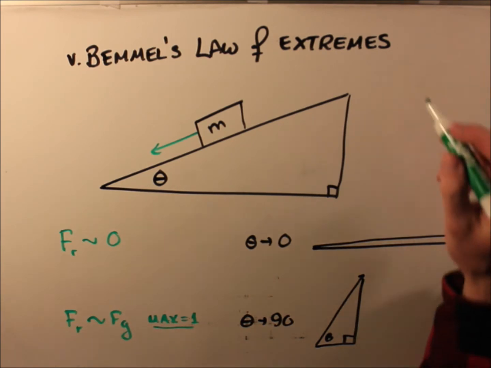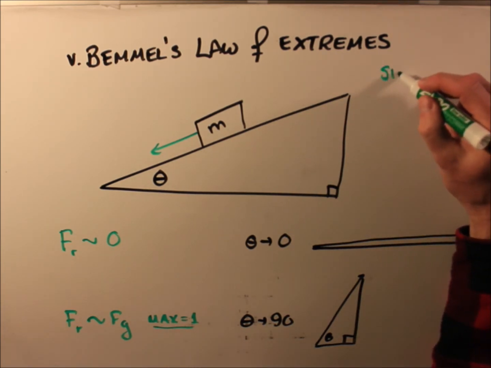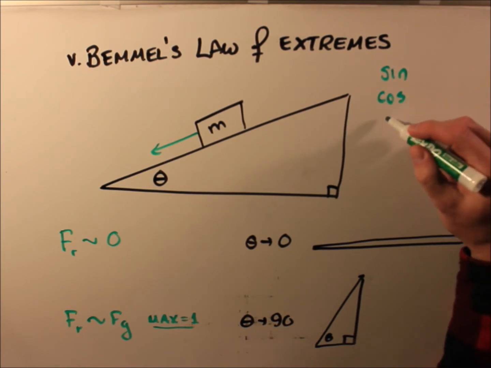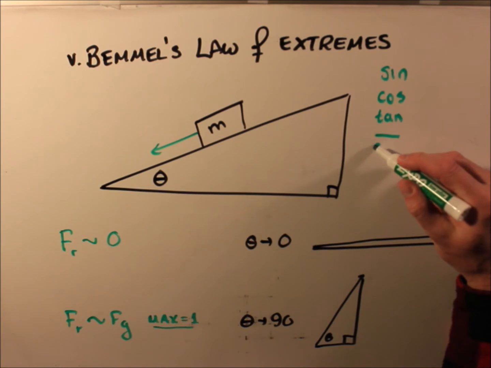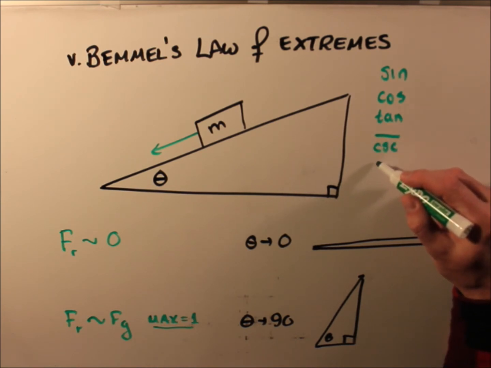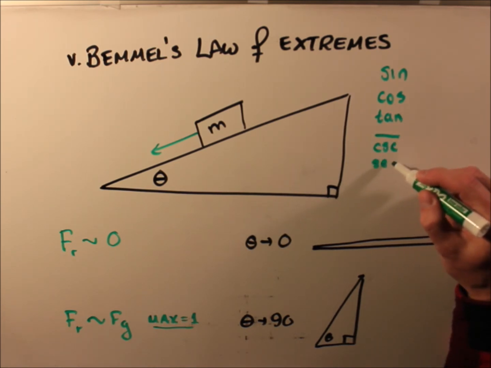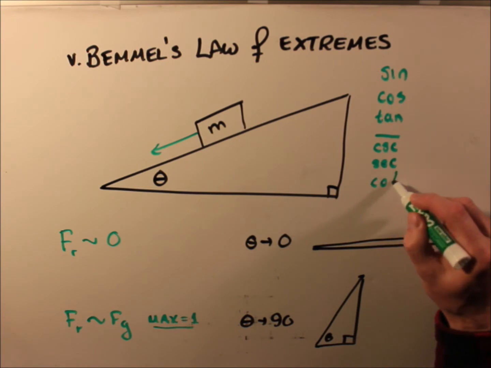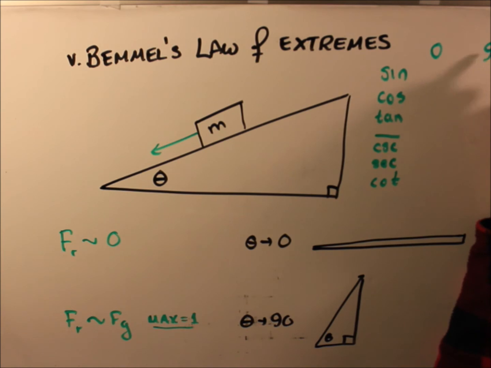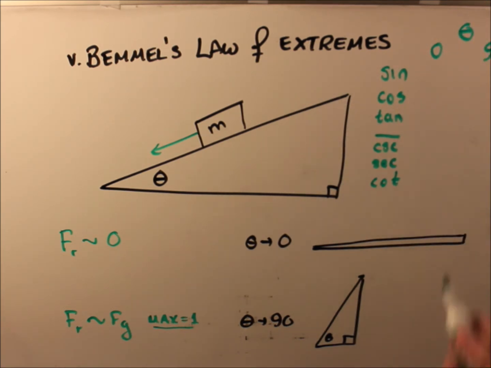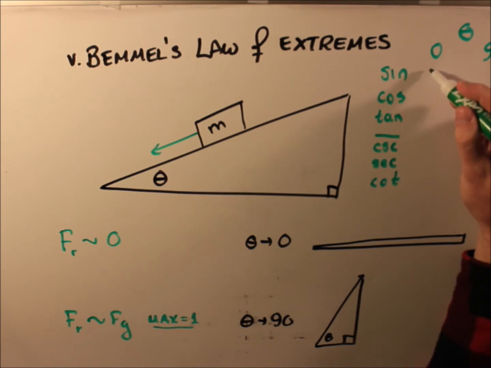Now let's look at our functions. We have sine, we have cos, we have tan, and if you really want to get serious, we have cosecant, we have secant, and we have cot. And we'll say theta here is 0, and then theta is 90. So this is our theta table. So if our sine is 0, we get 0.